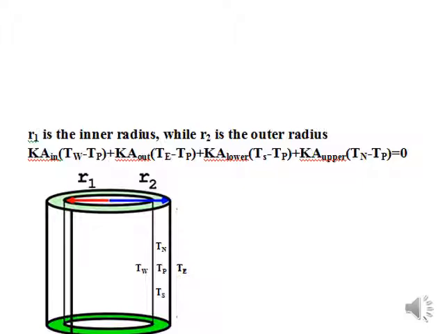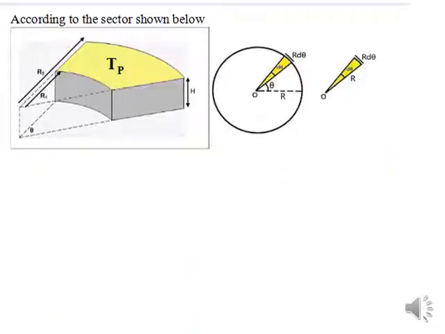And beneath, from the south, you have TS minus TP multiplied by A lower, and of course A upper is exchanging the heat with TP. So with trigonometry, we will analyze this small elemental area whose center is occupied by TP.